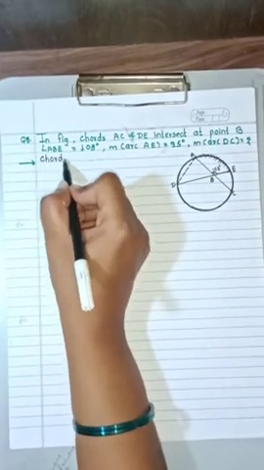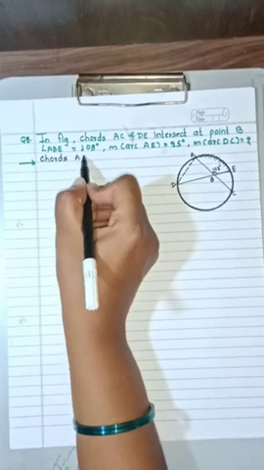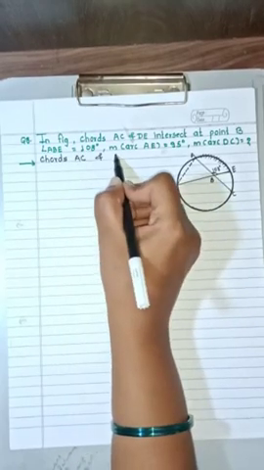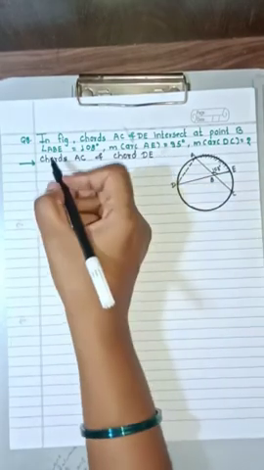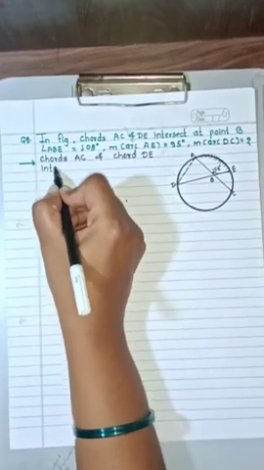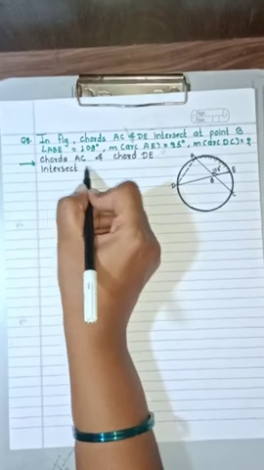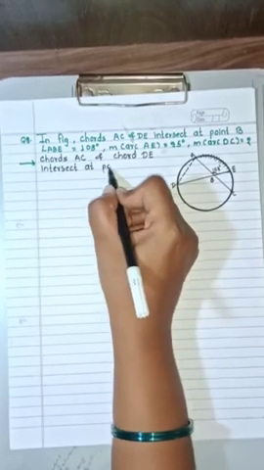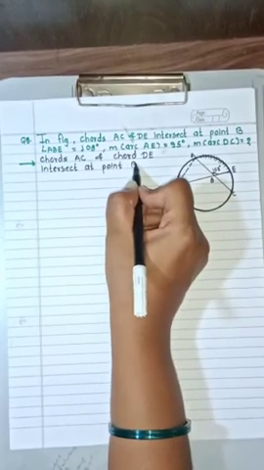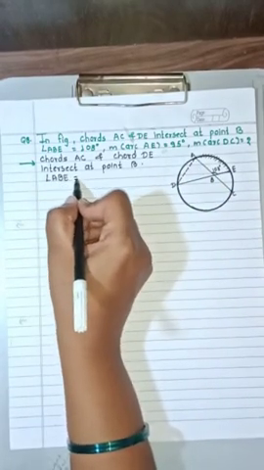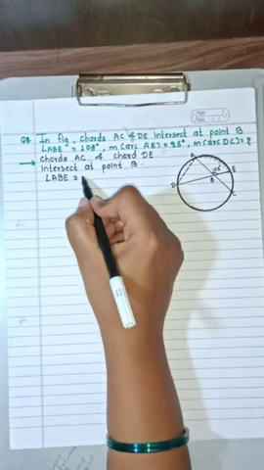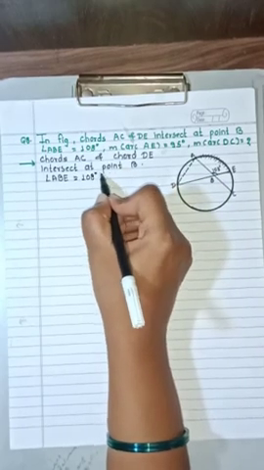Chords AC and DE intersect at point B. Okay, they have given you angle ABE is how much? 108 degrees.